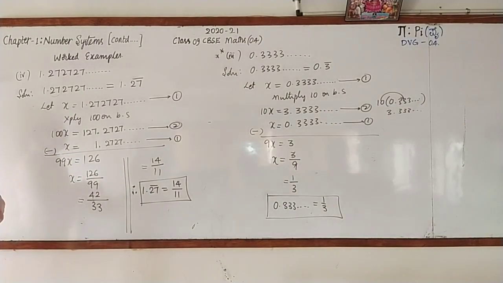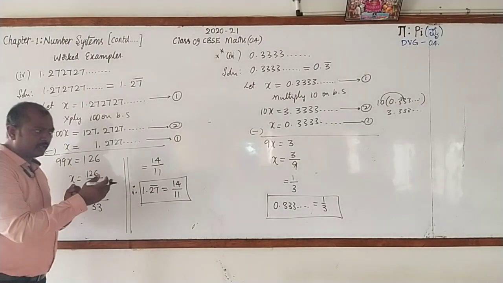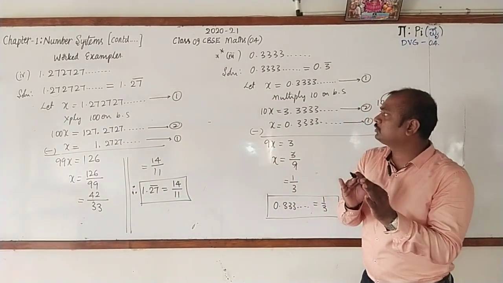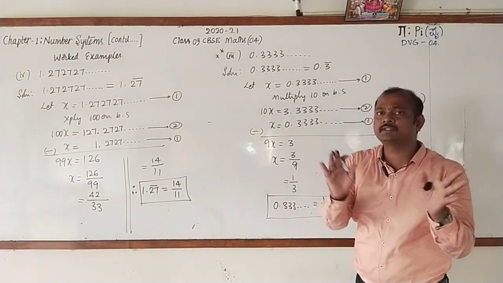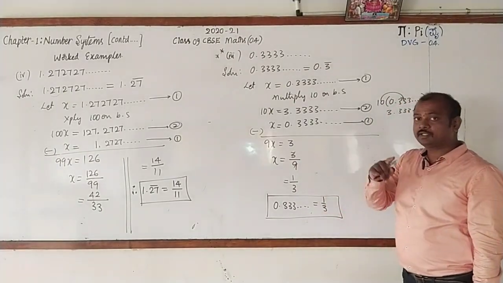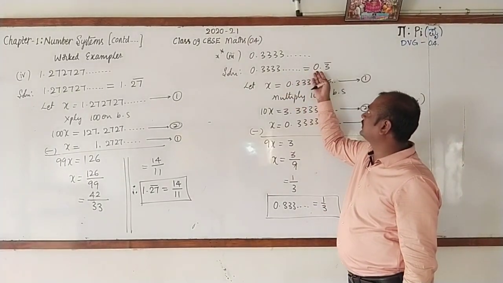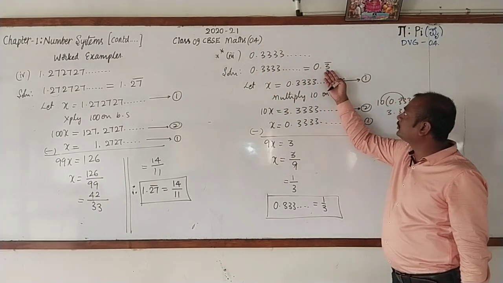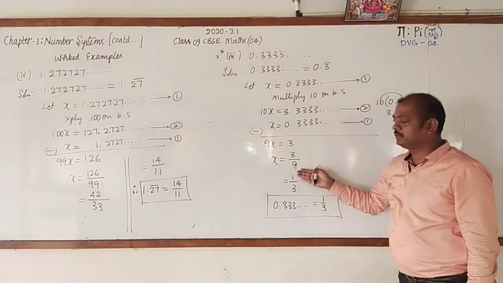I hope that you have understood. By observing these two examples, you can express them in a very simple way. I'll tell you that. See that both started with 0, 0.333 and so on. 0.3 bar is 3 by 9.